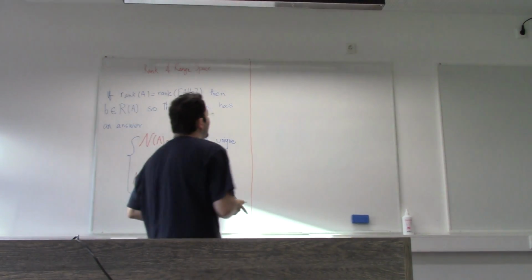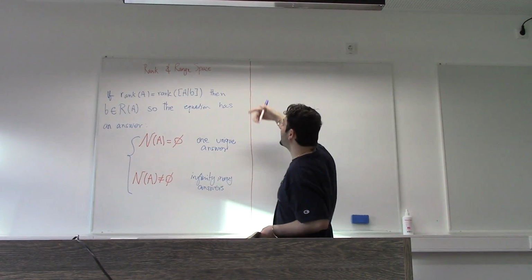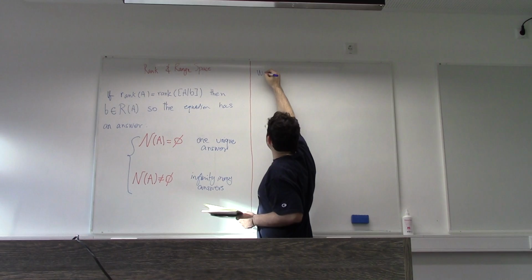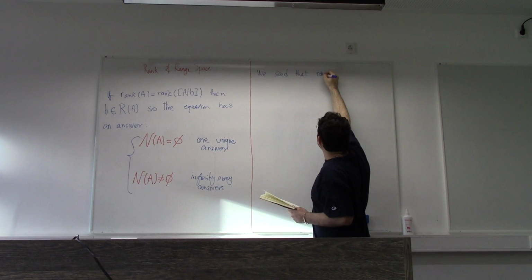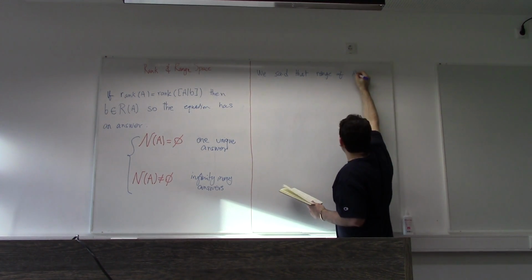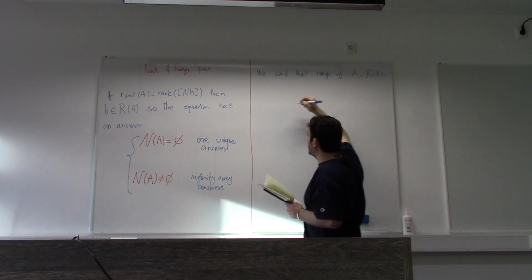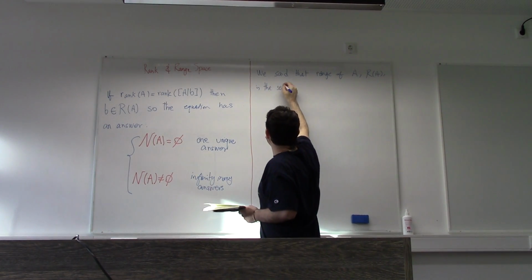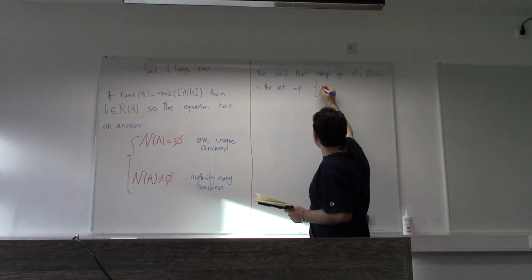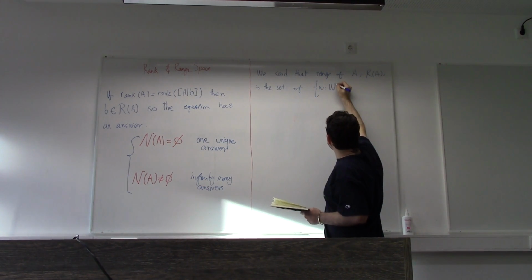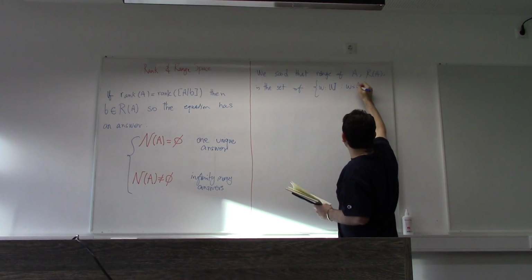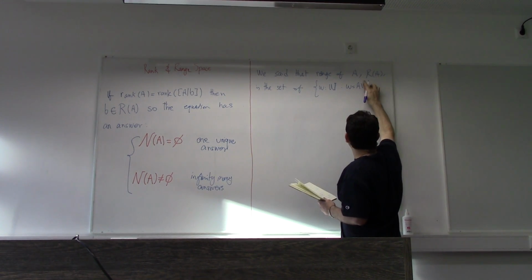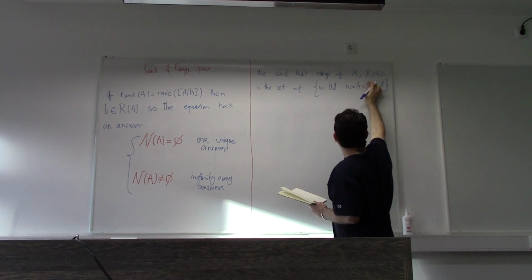So we said that the range space, the range of A, which we call RA, is the set of W's belonging to the W vector space, where W is equal to AV for V belonging to our domain, right?